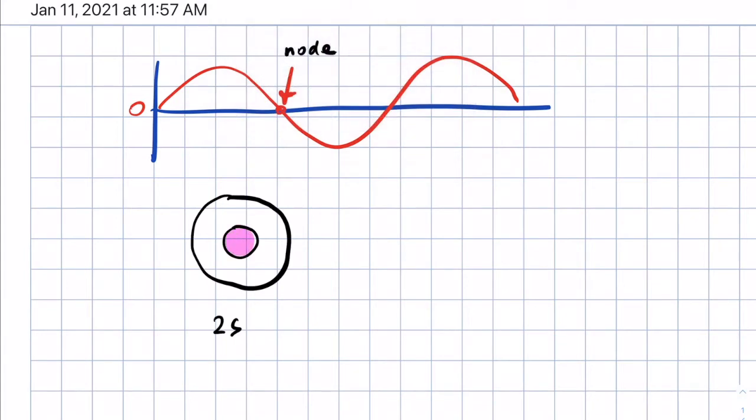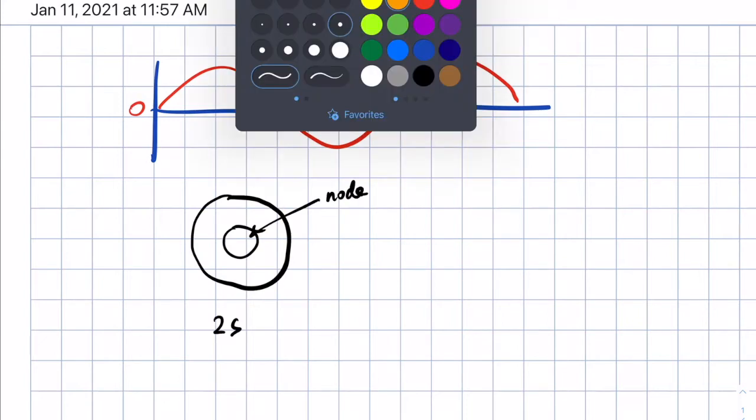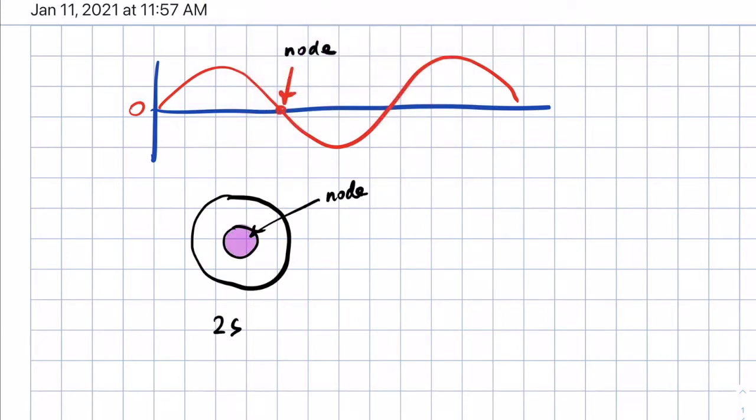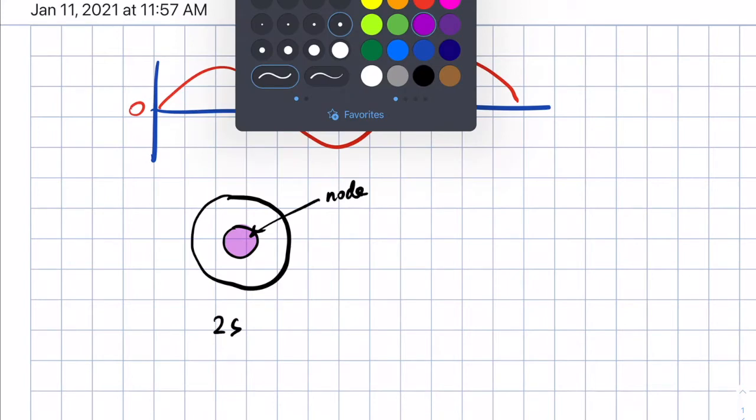There's an inner sphere and an outer sphere, and there's a spherical node surface in between those two spheres where the wave function goes to zero, and the sign of the wave function is different inside than it is outside. So we're going to use color to represent wave function sign in most cases.